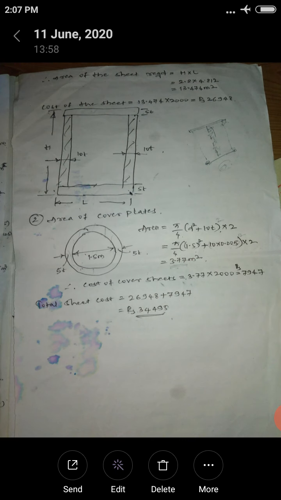The total sheet required, the area of the sheet, is h into L, that is 2.8 into 4.812, that is 13.474 meter square. Then the cost of the sheet at 2000 rupees is 26,948.